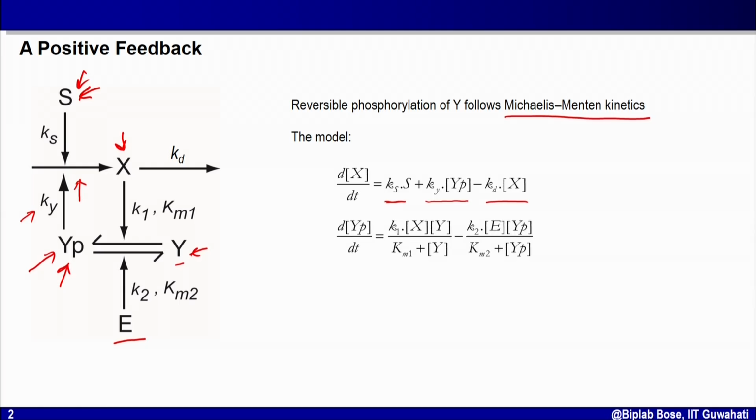Now for YP, dYP/dt is equal to a combination of two Michaelis-Menten kinetics formulations. The first one is K1 into X into Y. X is the enzyme, Y is the substrate which is getting phosphorylated to YP.